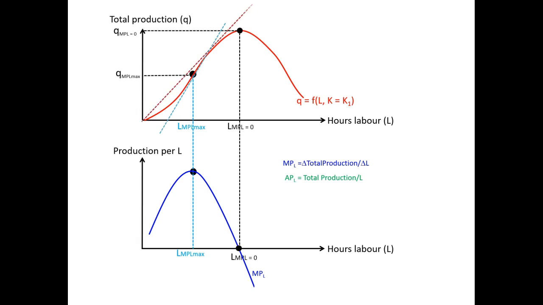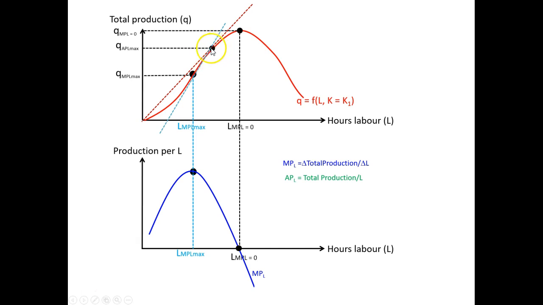That could be found by drawing a straight line from the origin and upwards, and the steeper this one is, the higher the average will be, because we have more on the vertical axis compared to the horizontal axis. And the steepest version we can find from this beam that goes from the origin is the one where we just have a tangency.